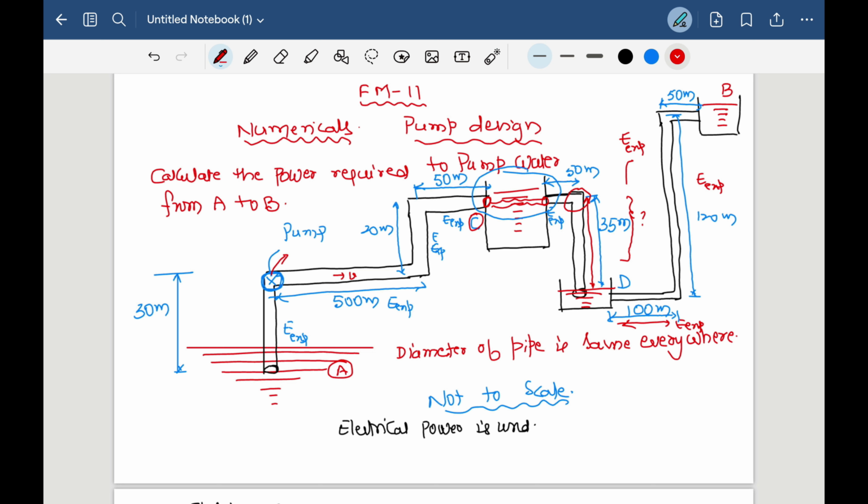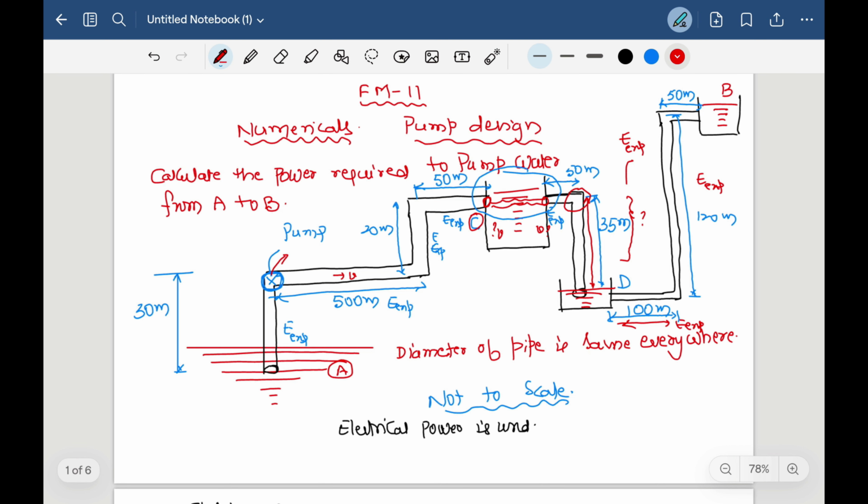Is it here the velocity V will be same as this velocity V? No. Those factors I have not given. The two reservoirs I have not given. The reservoir geometries I have not given.